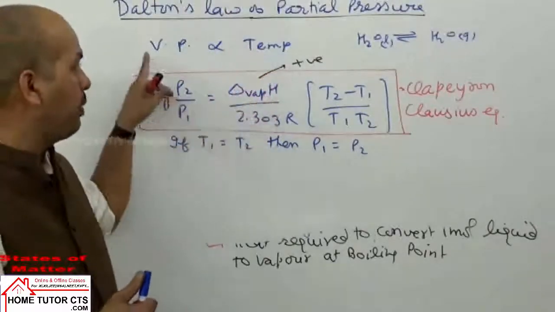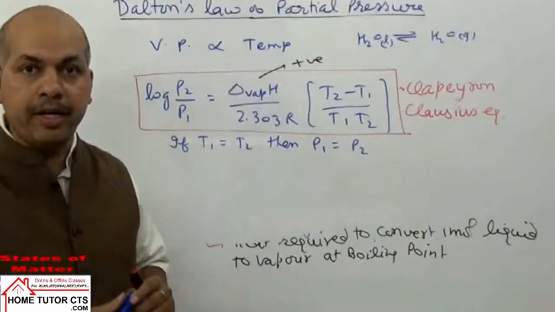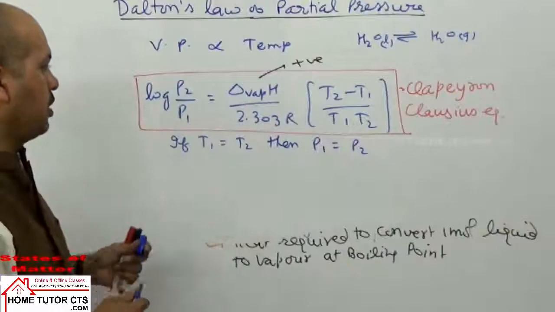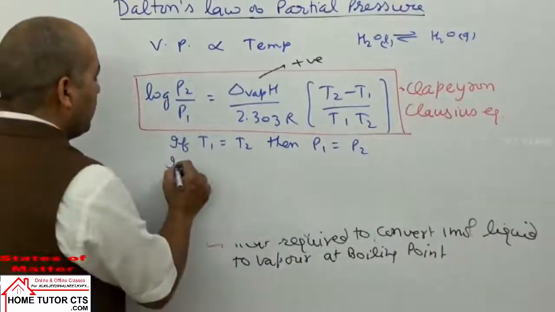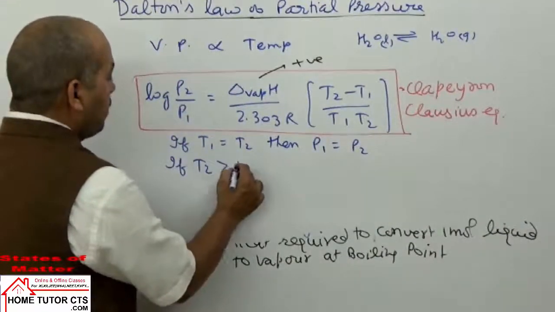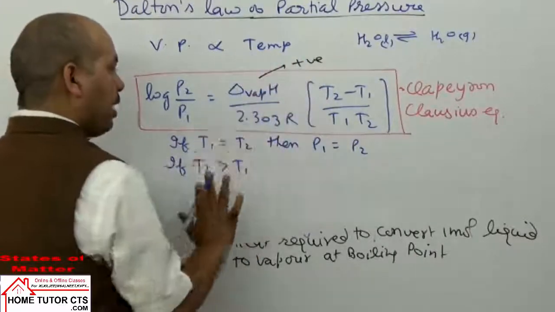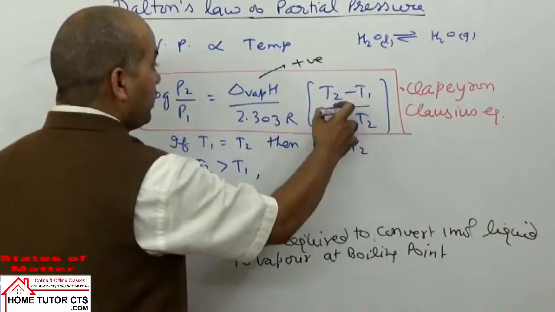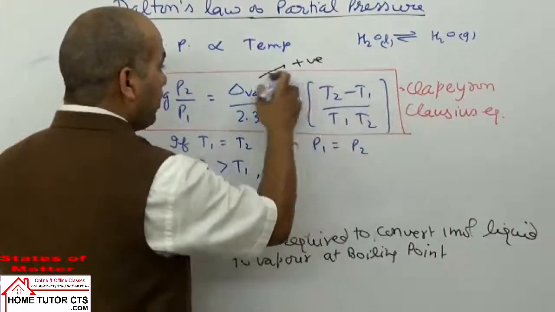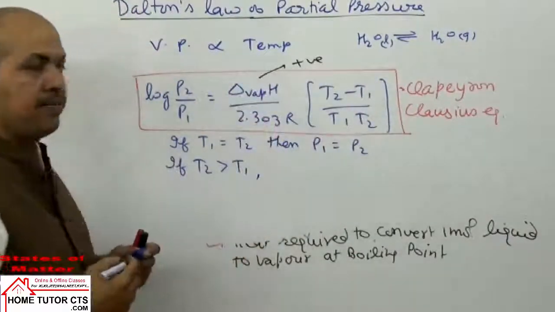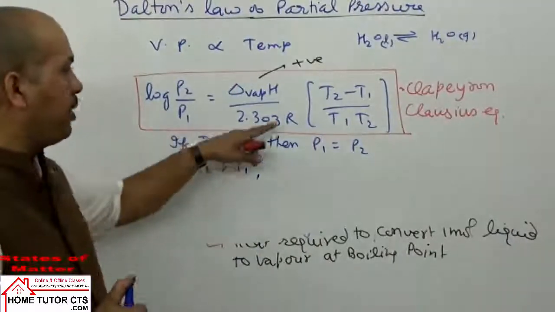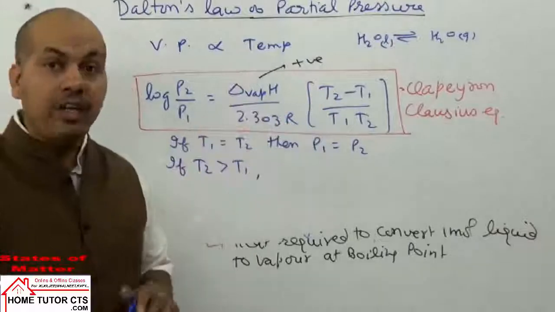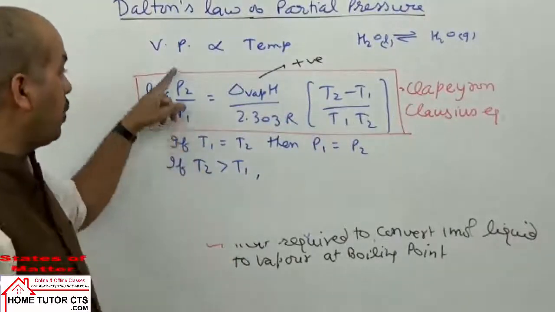That means this vapor pressure is directly dependent only on temperature. At same temperature, liquid has same vapor pressure. Then if T2 is more than T1, it is positive. With rising temperature on heating the liquid, this ratio increases.